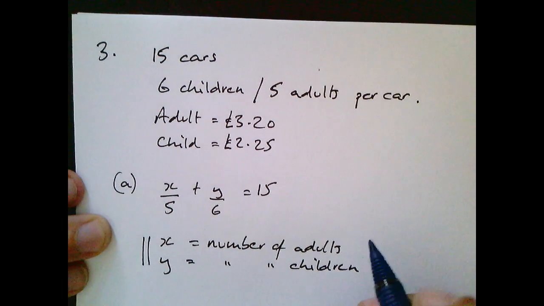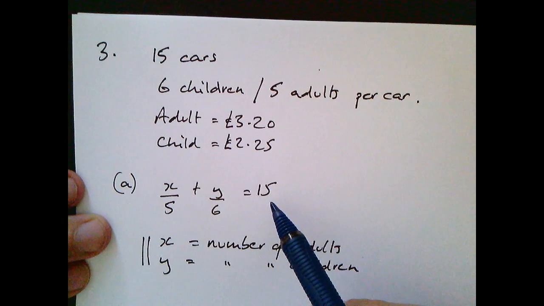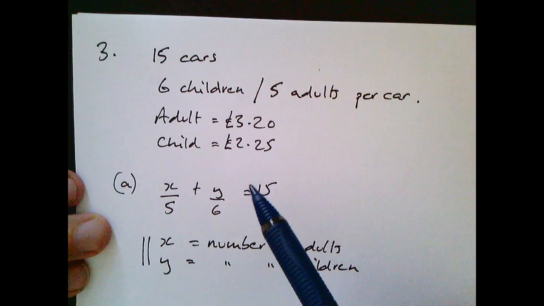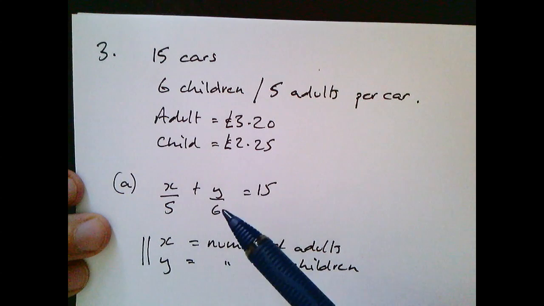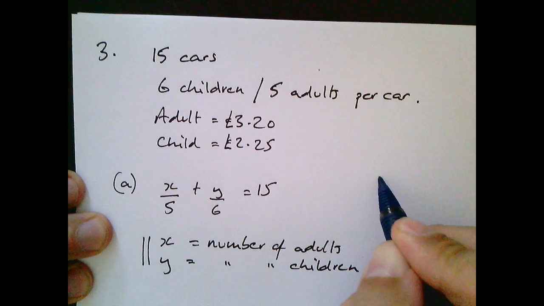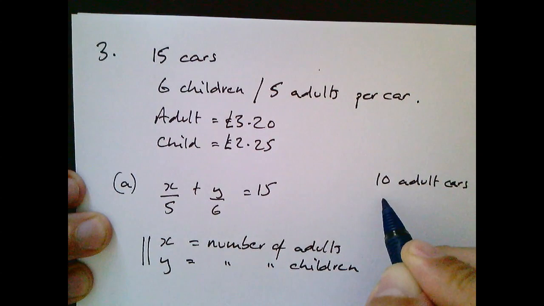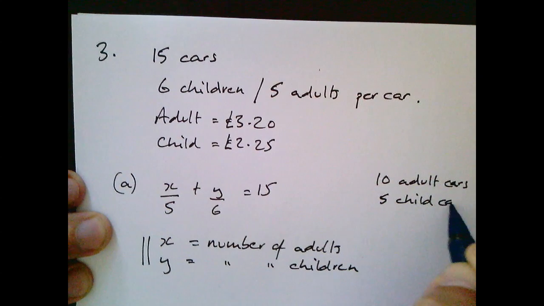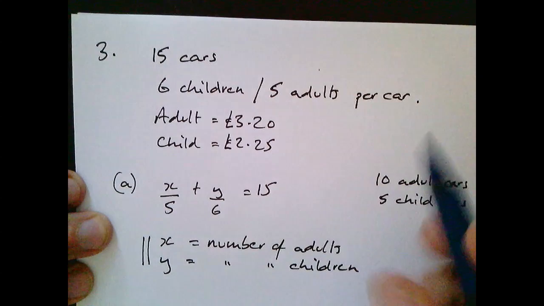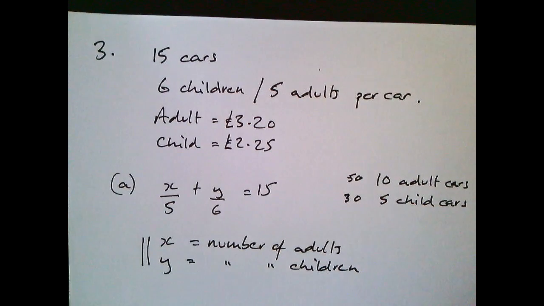And why is it the answer? Well, we know there need to be 15 cars, and for each car it's either going to be 6 children or 5 adults. So let's assume there's 10 adult cars, and that would mean there's 5 child cars. From this we know that means there's going to be 50 adults and 30 children.